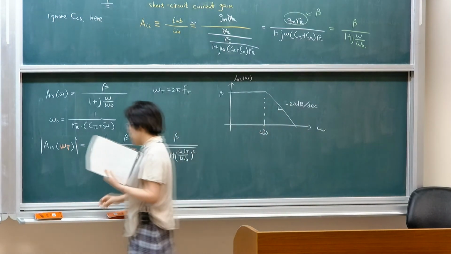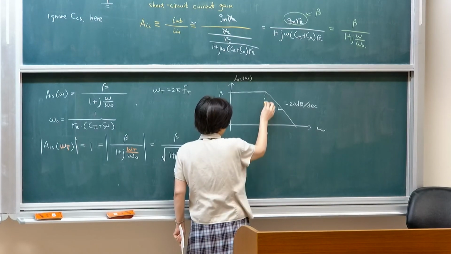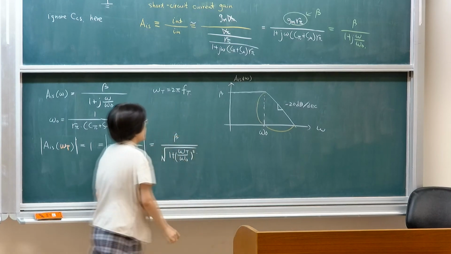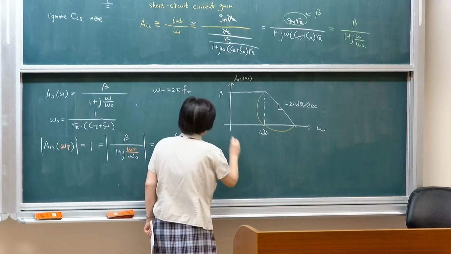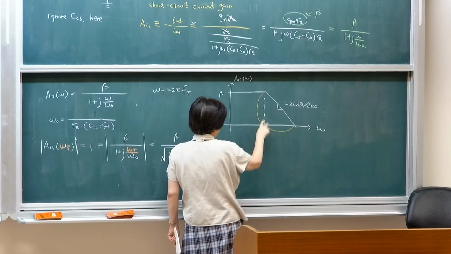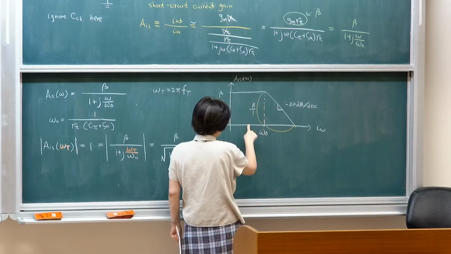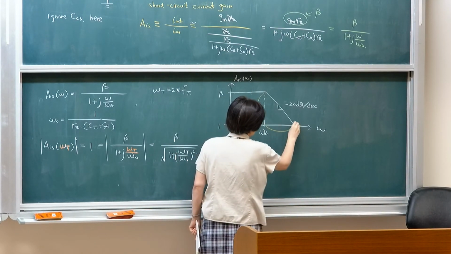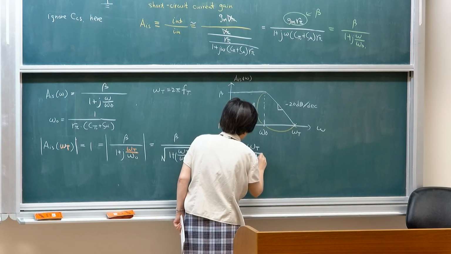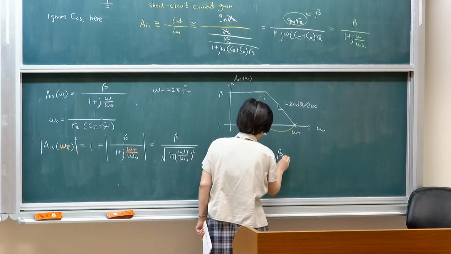Minus 20 dB simply means that it's at a rate of 1 over 1, so this distance is the same as this distance. It falls to 1, meaning the ratio between the two is beta over 1, so omega t over omega 0 is approximately, based on the Bode approximation, beta.